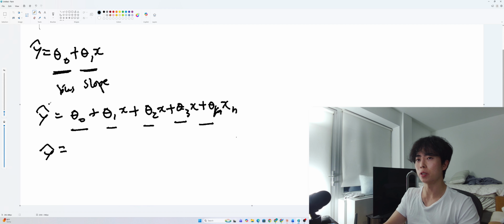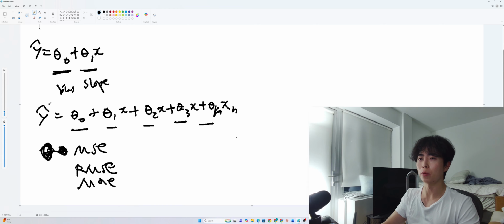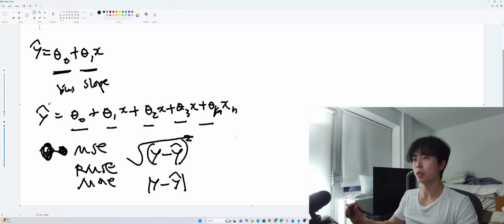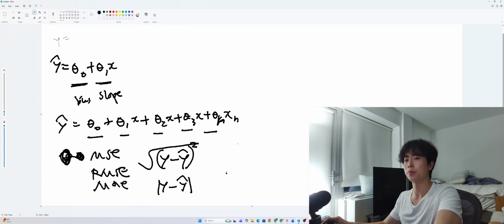We are predicting this, and then the evaluation metric we're going to use is MSE, which is mean squared error, or RMSE, root mean squared error, or mean absolute error. With regression models, it's very common to see these kinds of error metrics, where we square it, or we root it, or just take the absolute value.